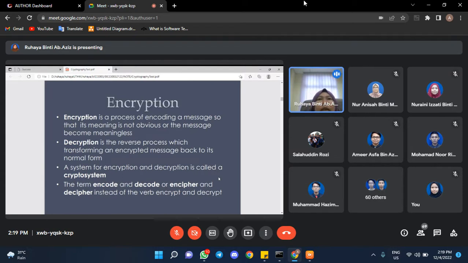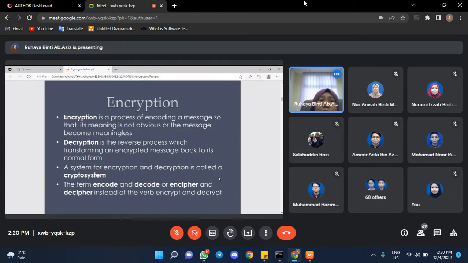By using encryption algorithms, we change it into ciphertext and send it to your friend, and your friend has to have something to be able to read the message later.